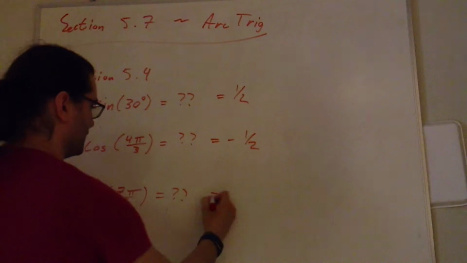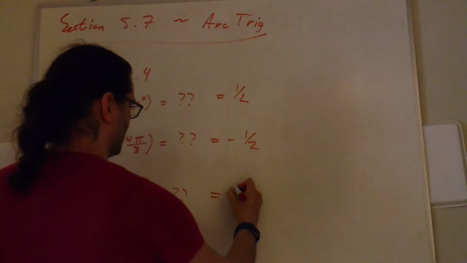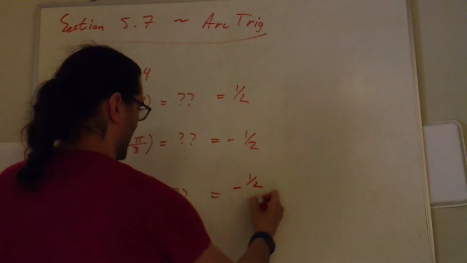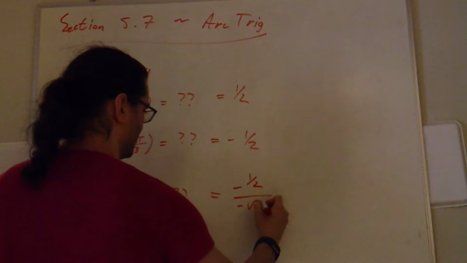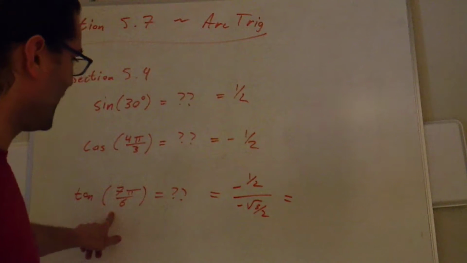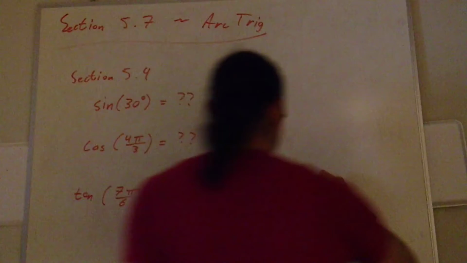So your y value here is going to be negative 1/2, and your x value is going to be negative root 3 over 2. After you simplify this, you probably get root 3 over 3.